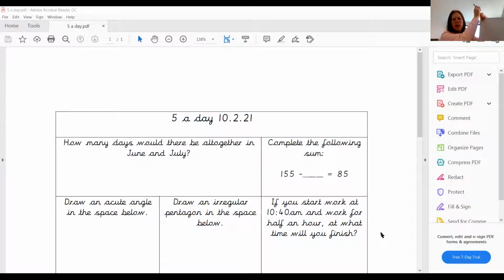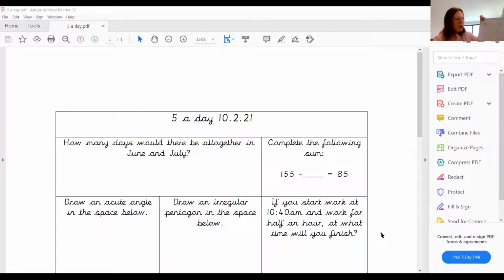July wasn't in that set of months that I said there, was it? So 30 for June and 31 for July means that altogether we would have 61 days. So 61 we would have for your first question there.